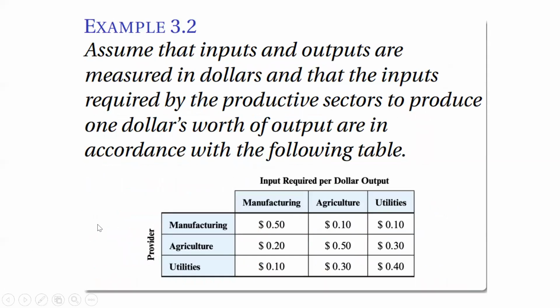Assume that input and output are measured in dollars and that the input required by the productive sectors to produce $1 worth of output is in accordance with the following table.